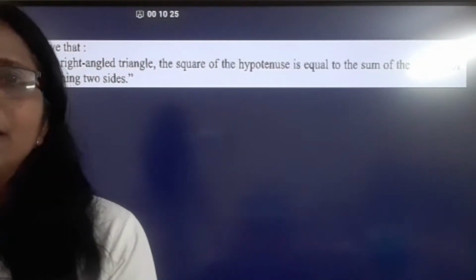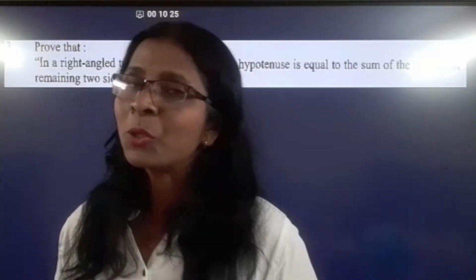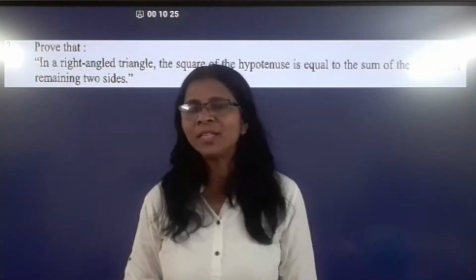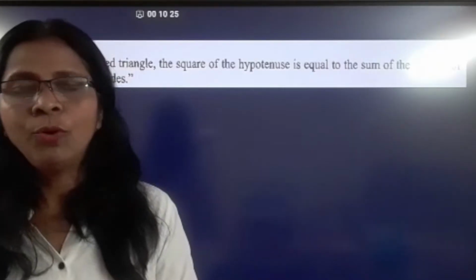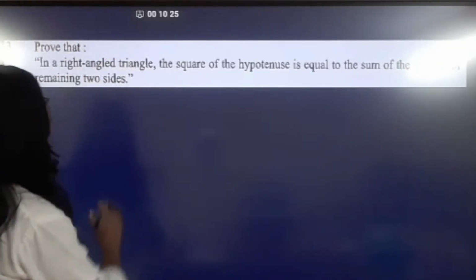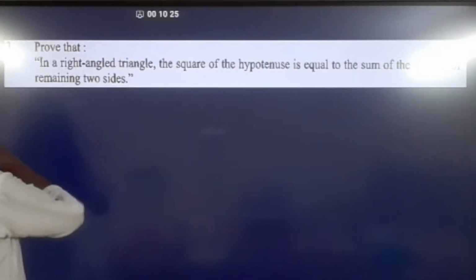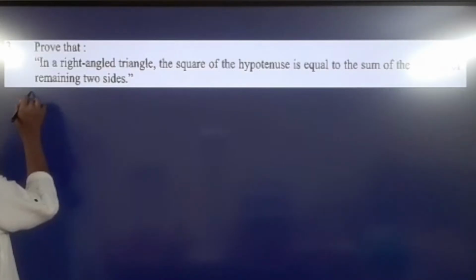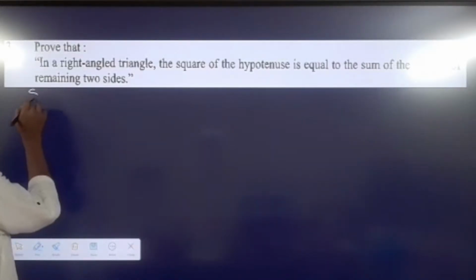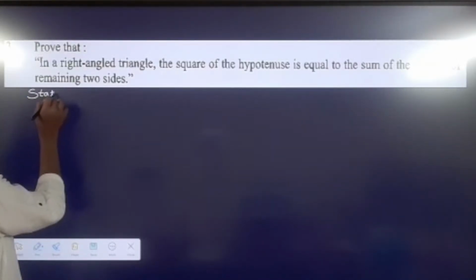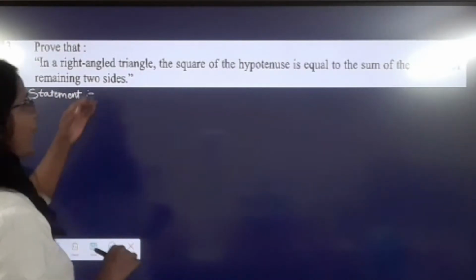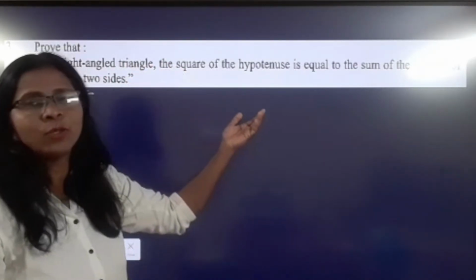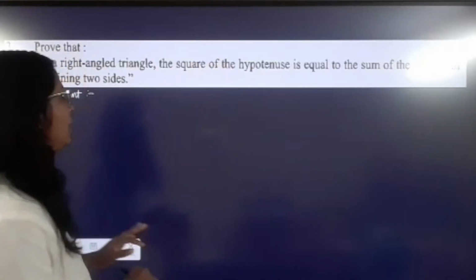First we write down the statement, then you can get the half mark. Write down the statement of the Pythagoras theorem as it is.